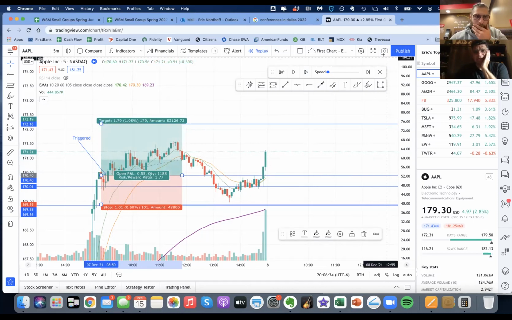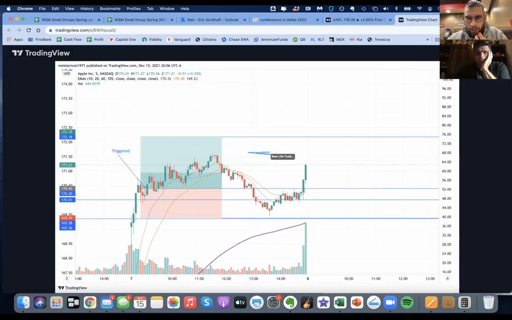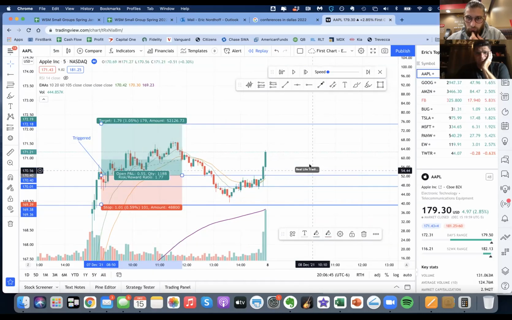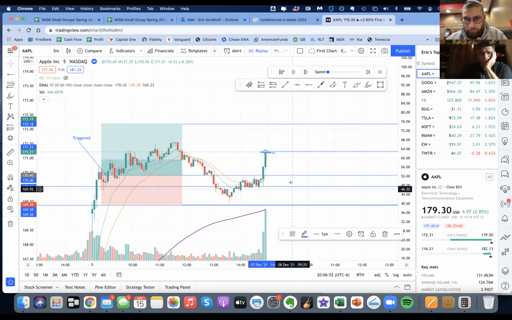Okay, so I'm going to take a picture here, and I'll put it into the thing. Well, real quick, go back and draw a line here. You can put something like exit 0.8.